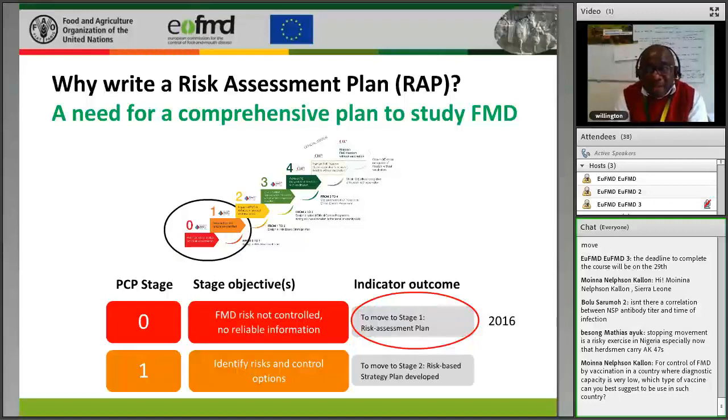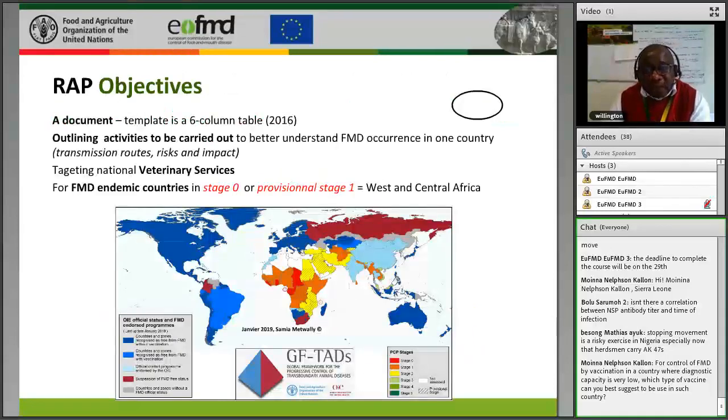To move from stage 0 to stage 1, you have to elaborate a risk assessment plan. It has clear objectives and outcomes.